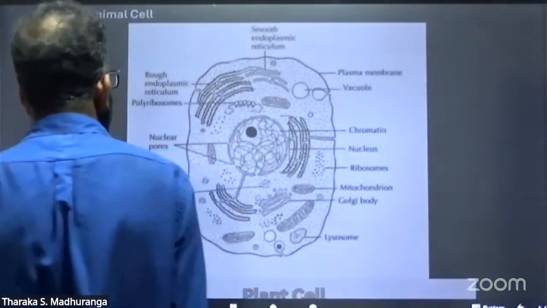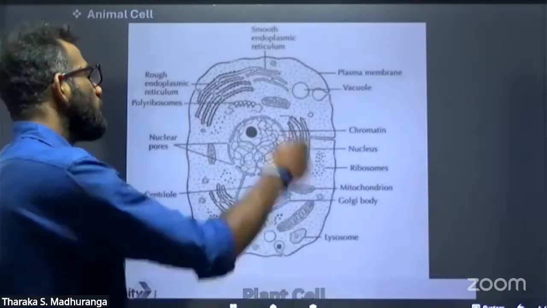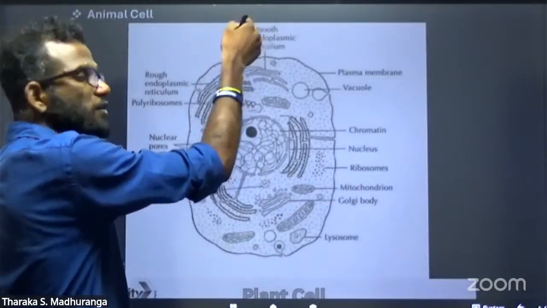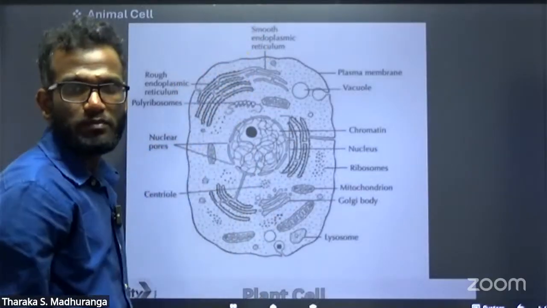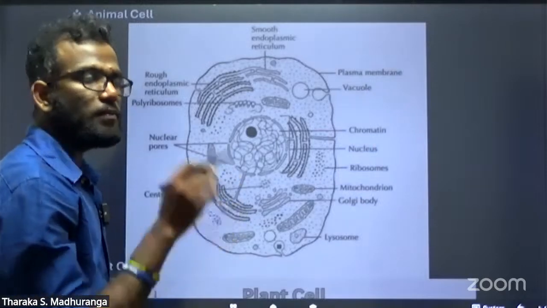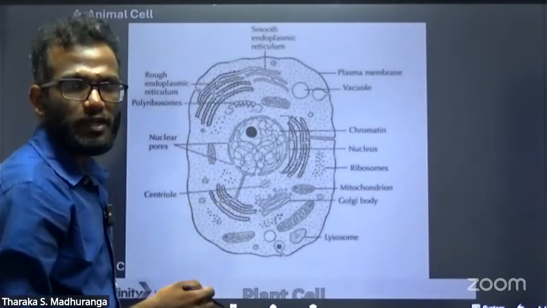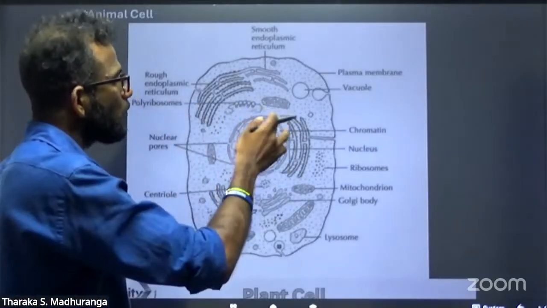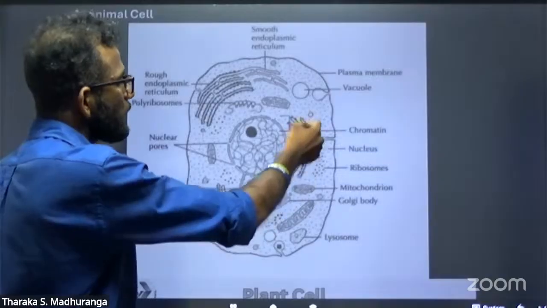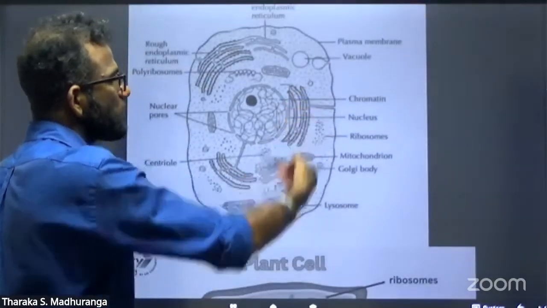You already know, you can identify the rough endoplasmic reticulum because it is attached with ribosomes. Without ribosomes, we call it the smooth endoplasmic reticulum.